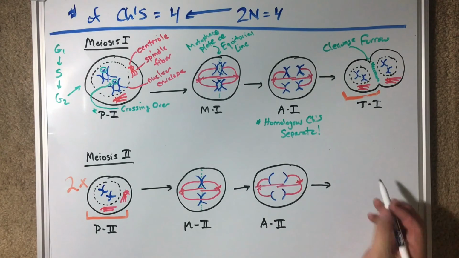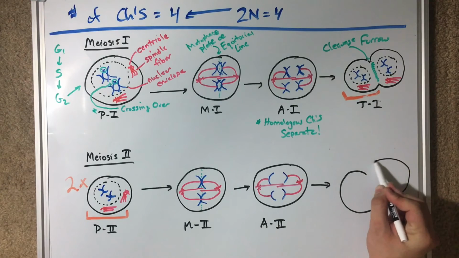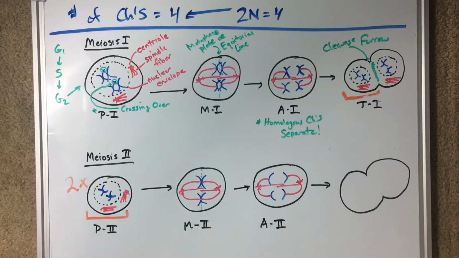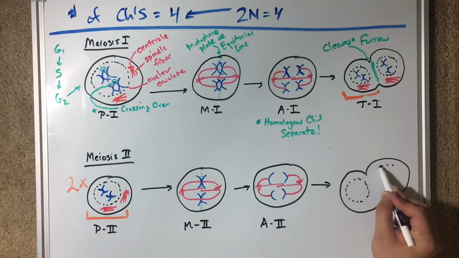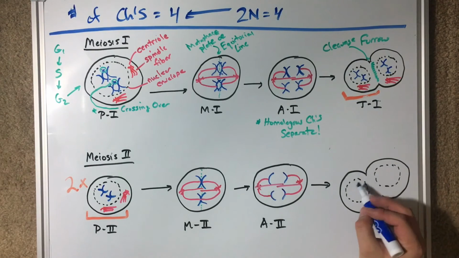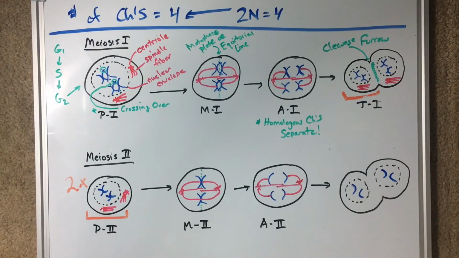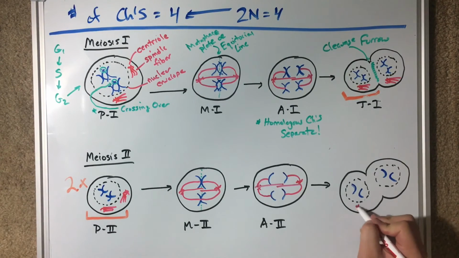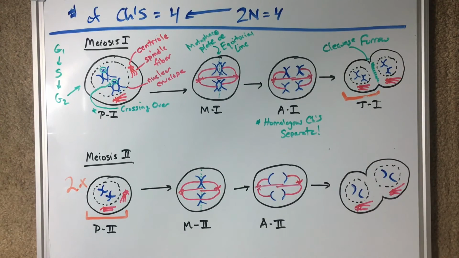And then lastly, we have here telophase 2. We have our nuclear envelope that's coming back. Now we have this. Centrioles are there.